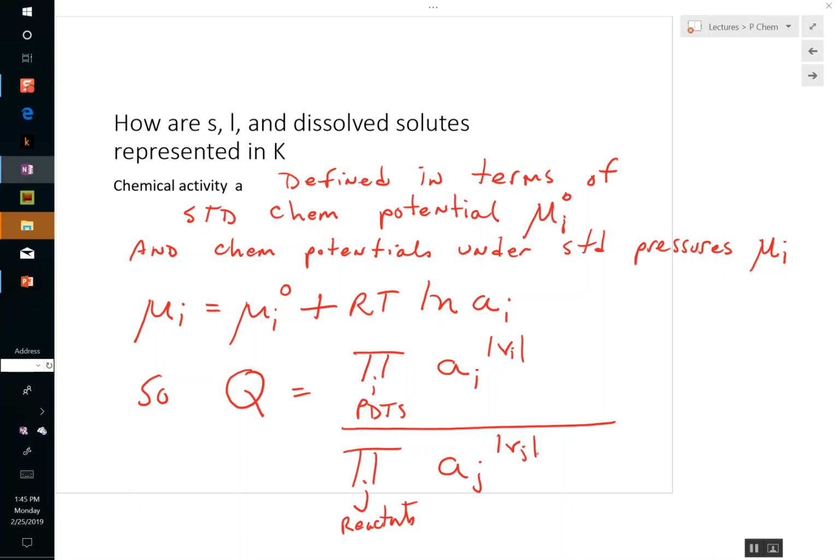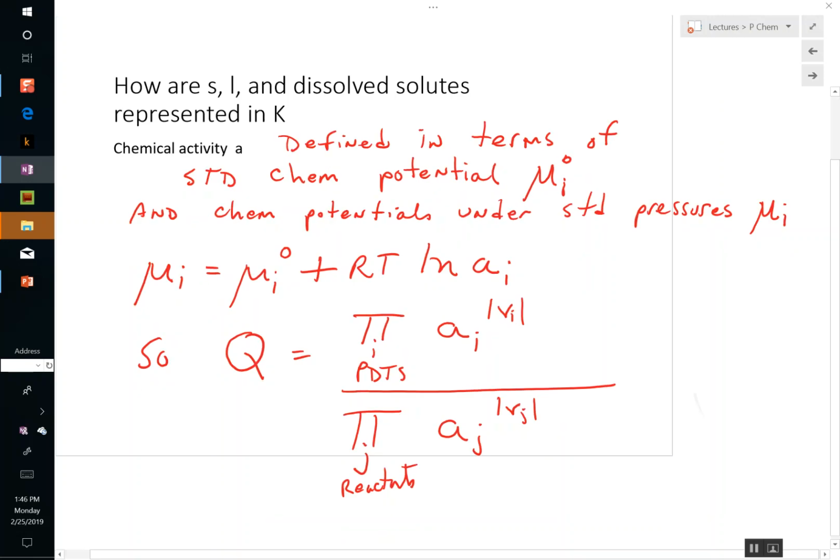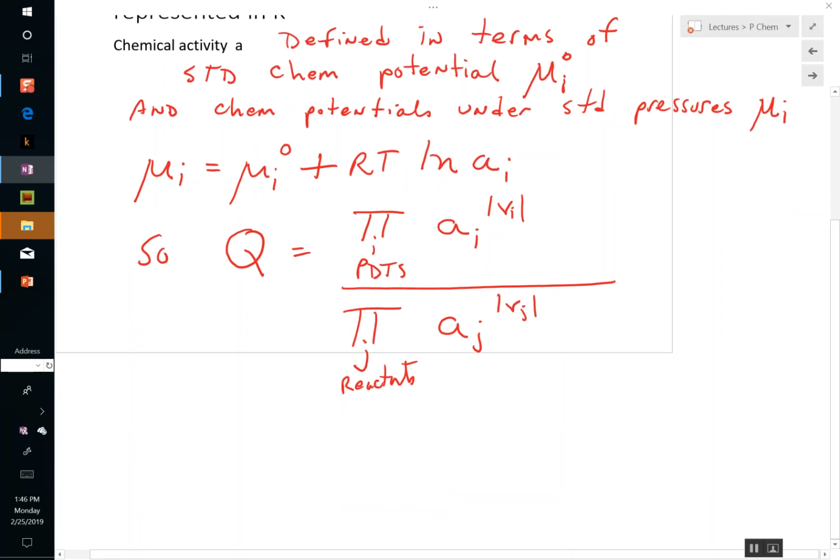So this is the product series for however many products there are, and the series for however many reactants there are, and that's Q. That's becoming a broader term that can bring solids, liquids, and solutes into the discussion now.